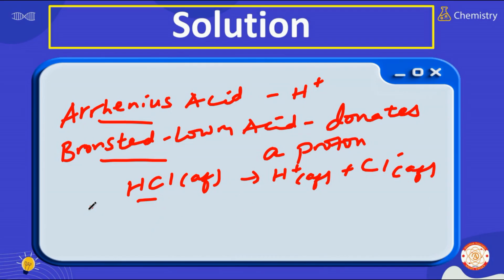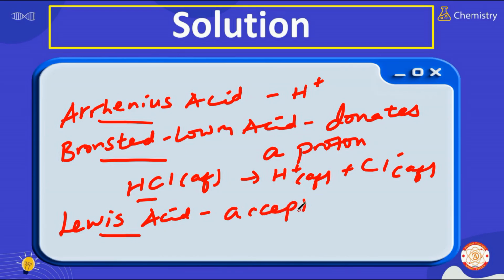And the last definition is Lewis acid. So Lewis defined acid as a substance that accepts electron pairs. So this accepts what? Electron pairs.